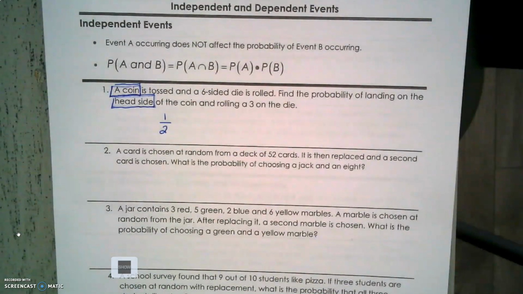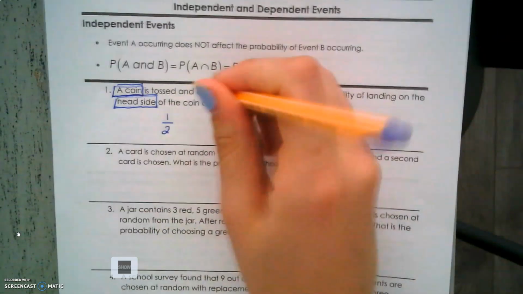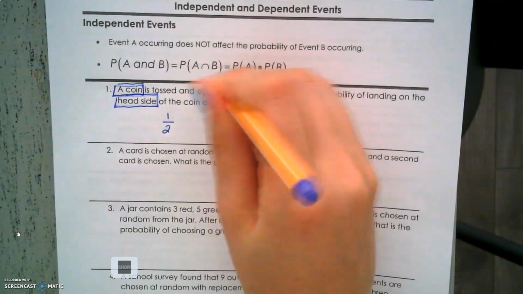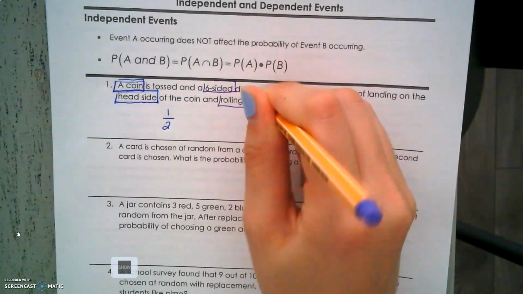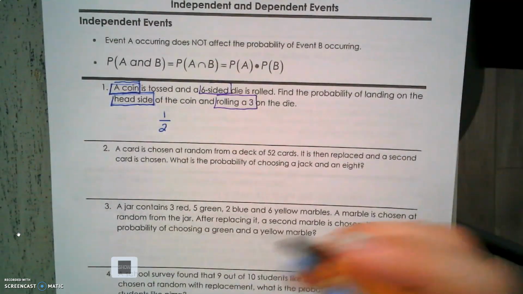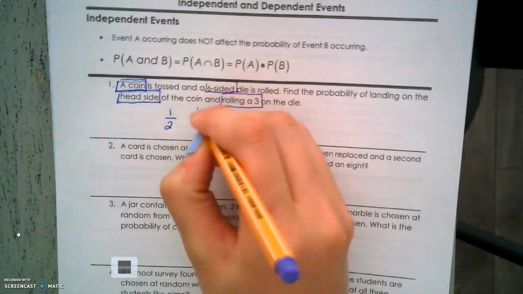Then when we think about a six-sided die and rolling a 3, well, if I have numbers 1 through 6 on this die, then rolling a 3, there's a 1 out of 6 opportunity.